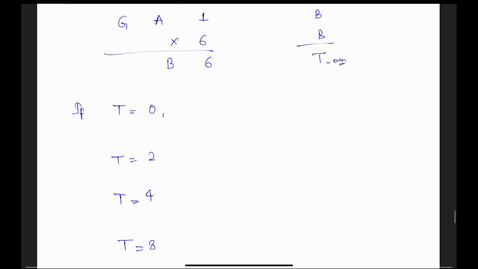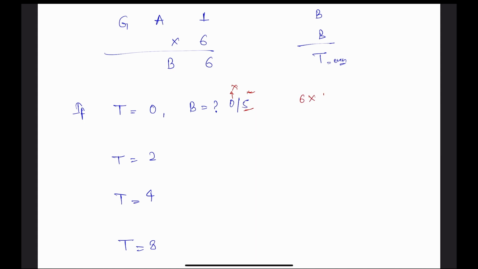If T is 0, then B needs to be either 0 or 5. 0 is not possible because T is already 0. So B could be 5. So tell me, if 6 times A, is it possible to get a last digit as 5? Not possible. So this is also not possible.